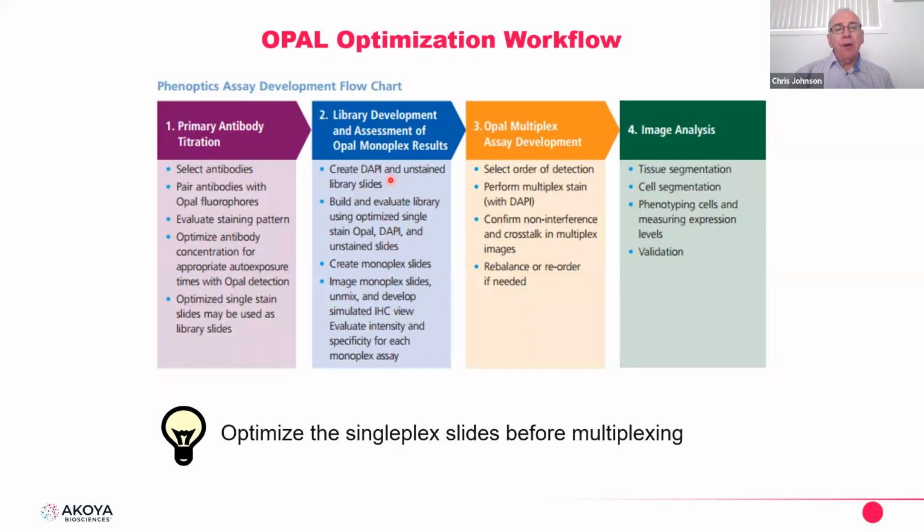Now, not so much now, but in earlier days, it was very important to create library slides because a library slide would allow you to establish the spectral makeup of the dye that we're using. So when you're doing spectral unmixing, you need to unmix a mixed group of dyes with a known and understood spectral signature. So what we would do is to look at a dye and measure the spectral characteristics of that dye as it's attached to the tissue, because the tissue itself can actually change the spectral characteristics of a dye.